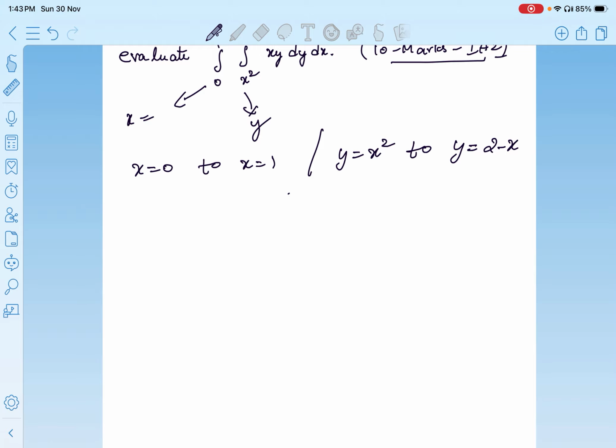Now I am going to draw the axes. This is your y-axis and this is your x-axis. First, what is x? x is 0.